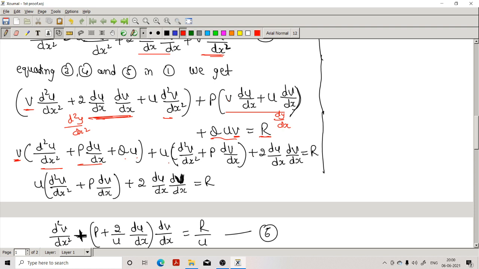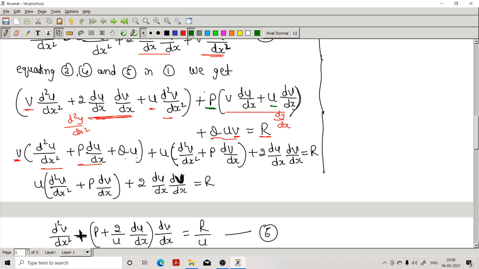Plus here I am collecting the coefficients of u. Here there is a u term, you will get d square v by dx square, and here also there is a u term, you will get p. Remember this one, you must multiply this p, and after this you can take the coefficients of u as well as v. You must remember this, very very important in the future steps.